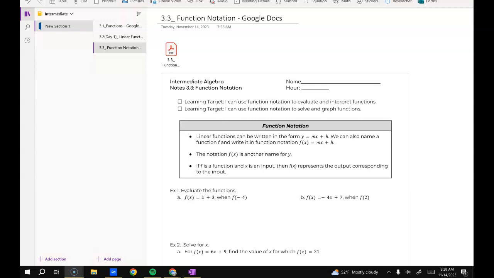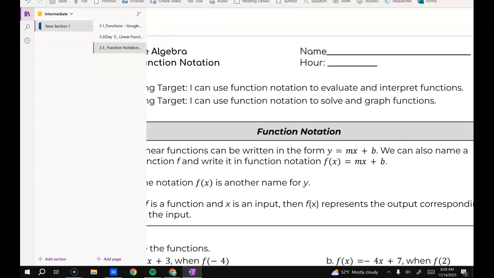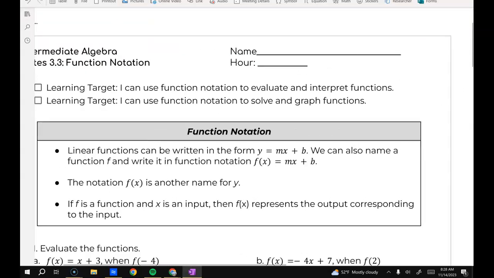So function notation, remember this idea of a function where one input has exactly one output. We have a way that we write functions to represent that input and output. So our two goals for today's lesson are our learning targets.